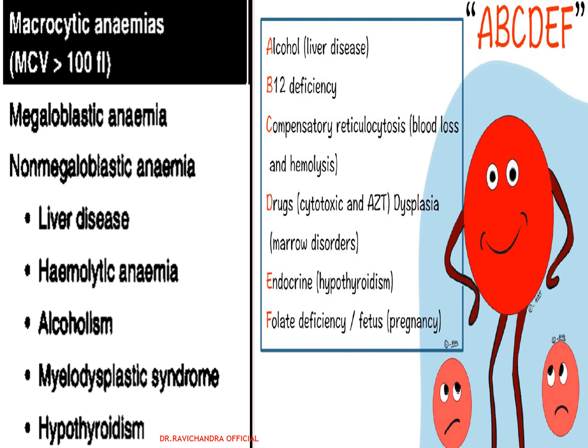So A, B, C, D, E, F. A for alcoholism, B for B12 deficiency, C for compensatory reticulocytosis, D for drugs, E for endocrine problem, and F for folic acid deficiency or fetus in pregnancy.